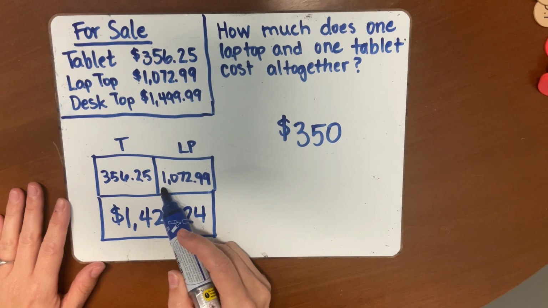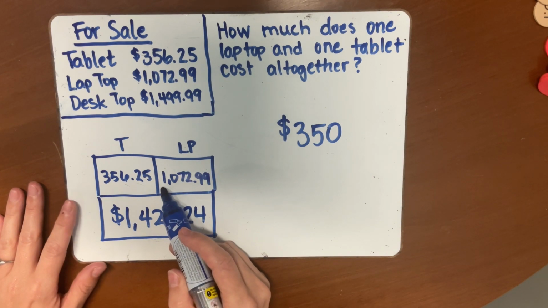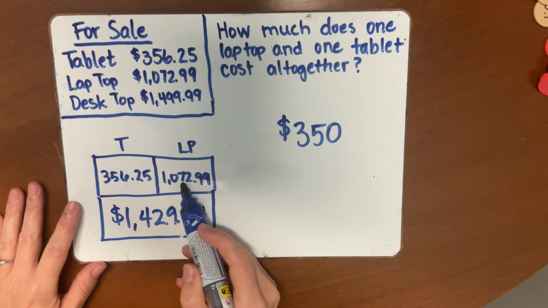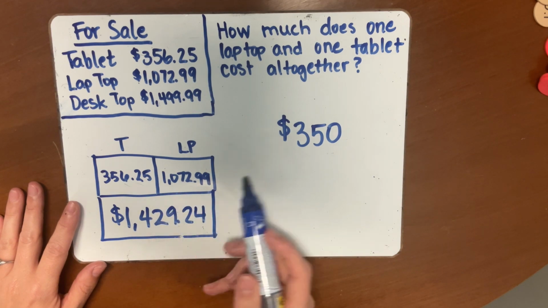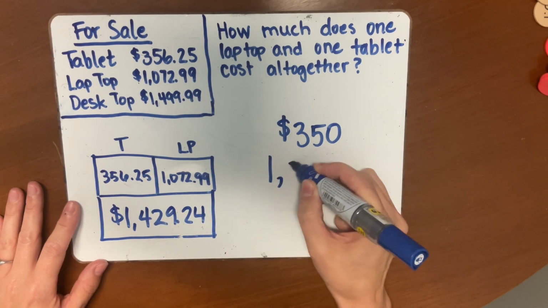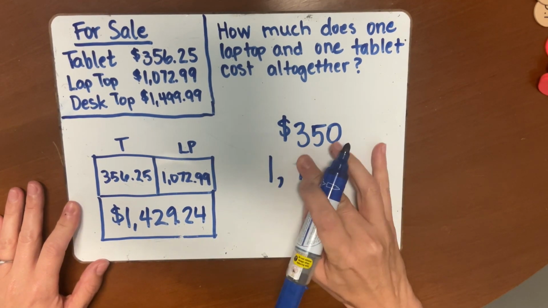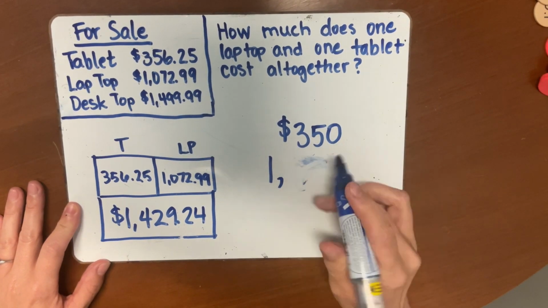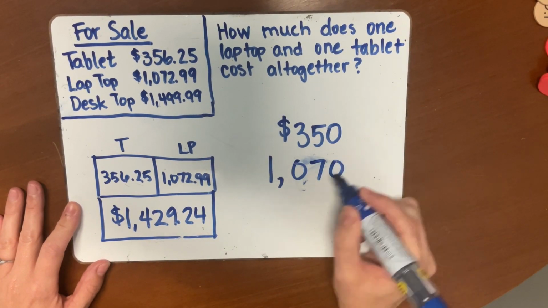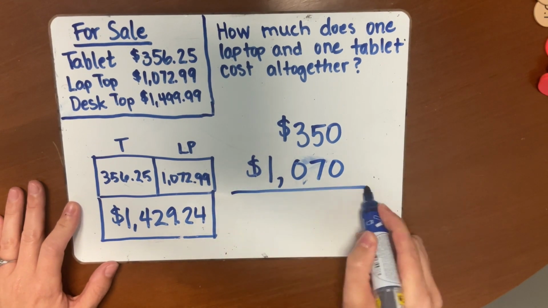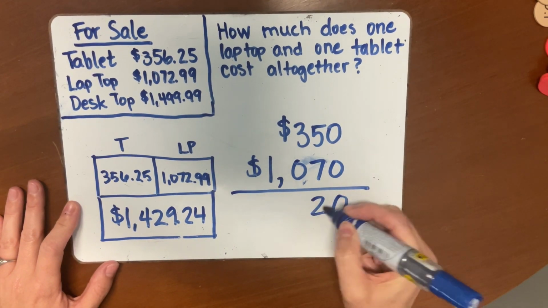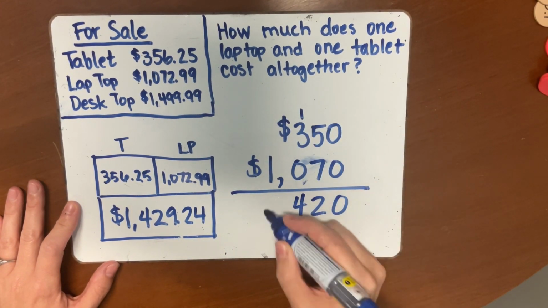I could just do 1,000 if I'm following rounding rules. But I think I'm going to do 1,070 because it's a pretty reasonable number and it will be pretty easy and pretty close if I'm accurate. So I'm going to add these together and just think what that might be.